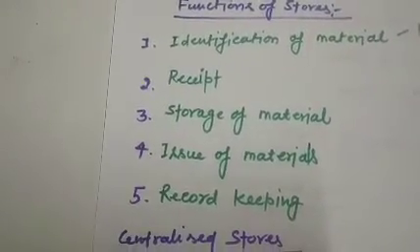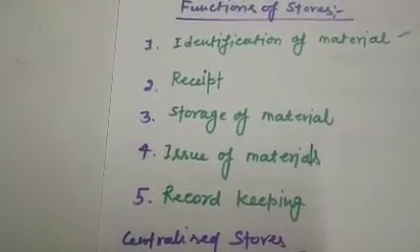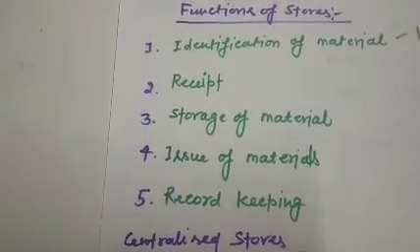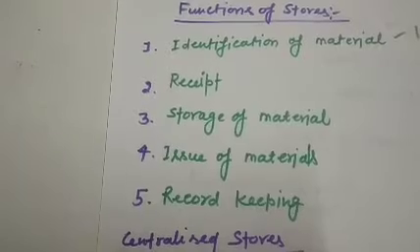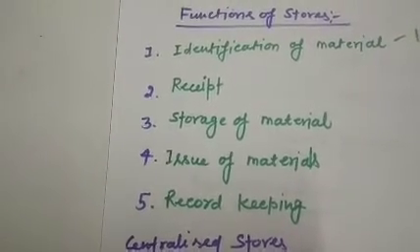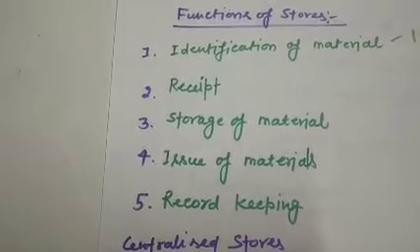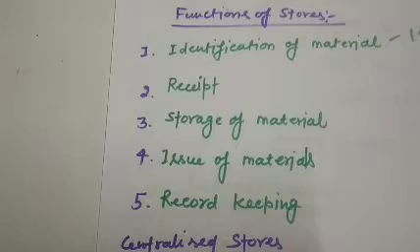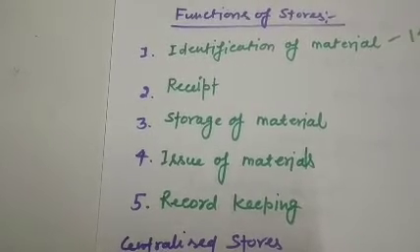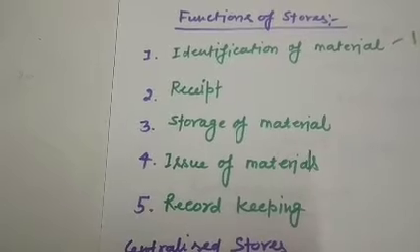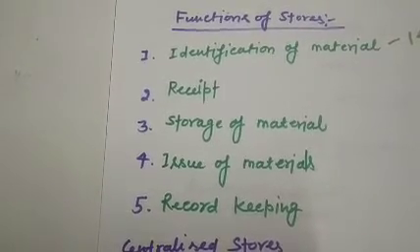Now second is receipt. In case of receipt, we know that when materials or equipments are shipped by the supplier along with necessary documents, then a storekeeper must unload the goods and verify the contents with the packing slip and the purchase order. Before storing, these items are subjected to inspection or test to ensure that they are according to the required specification.